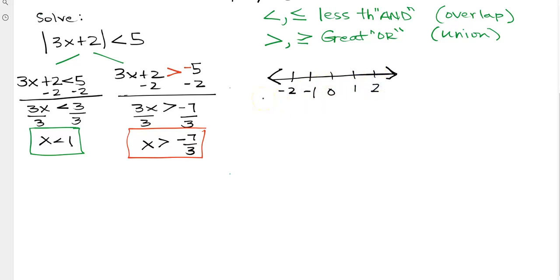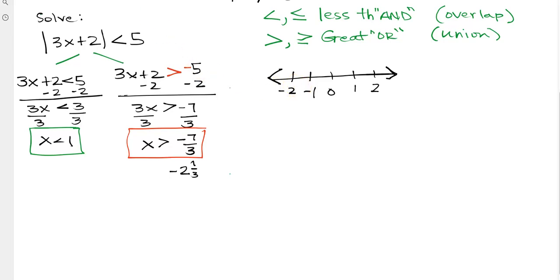Just something in there. And this -7/3 is really the same thing as, well, 3 divides into 7 2 times with 1 left over. So it's -2 1/3. I'm just saying that changing it to a mixed number is going to be easier to draw on your number line to know where that's at.